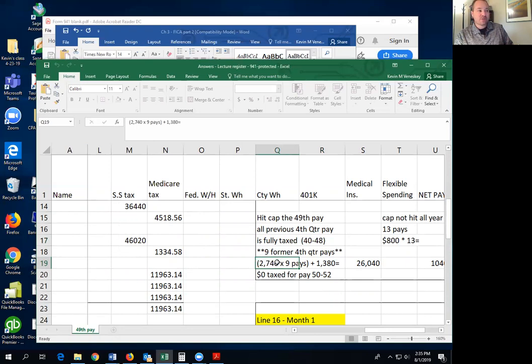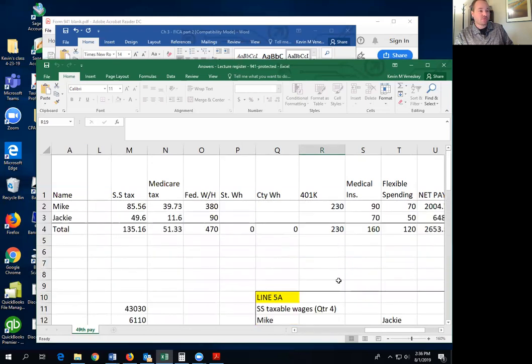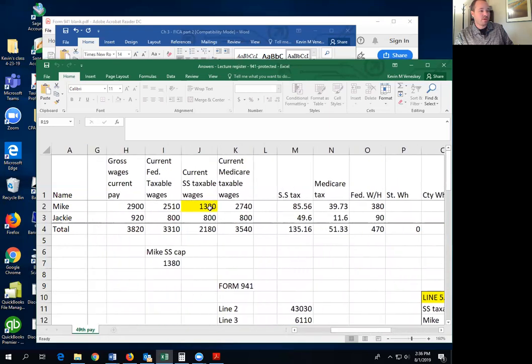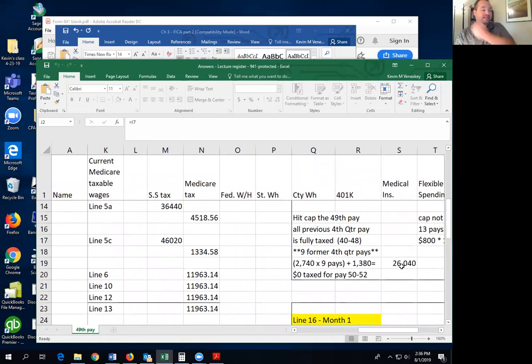So what I did is I took the $27.40 times 9, and then for that 49th pay, I added in what we had this week, which was $13.80, which was taxable, right here. And that tells me how much of his wages are actually taxable for Social Security, because then for weeks 50 through 52, he doesn't have anything taxable.